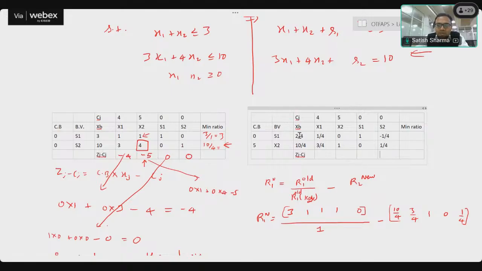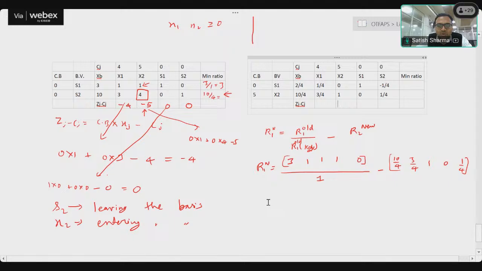And once again, if you calculate these values, Zj minus Cj, I would just put this here. Zj minus Cj is basically 0 into 1 by 4 plus 5 into 3 by 4 minus 4. Another is 0 into 0 plus 5 into 1 minus 5.